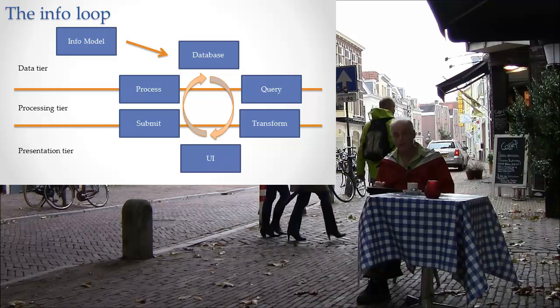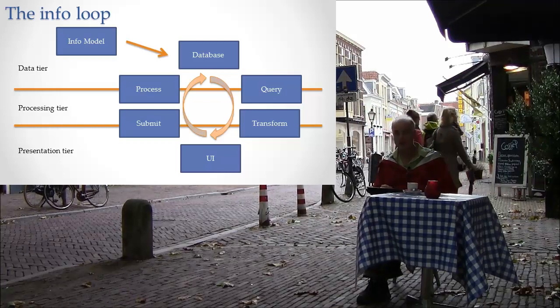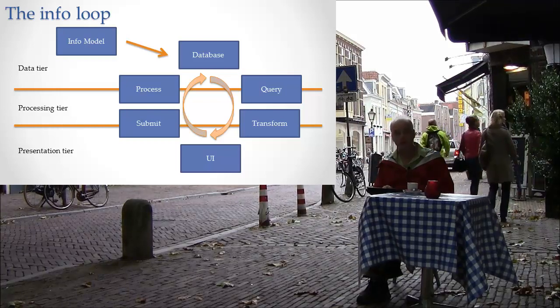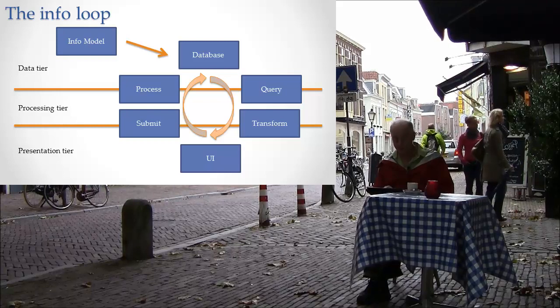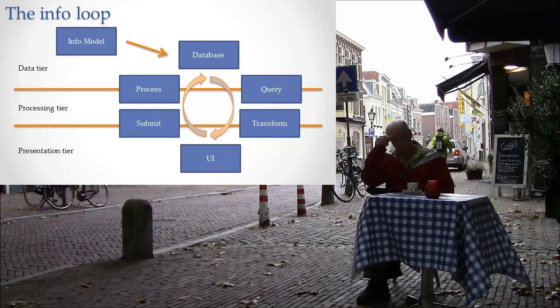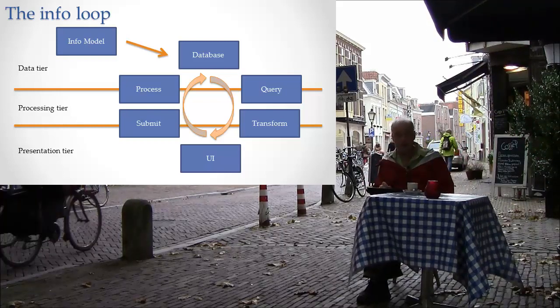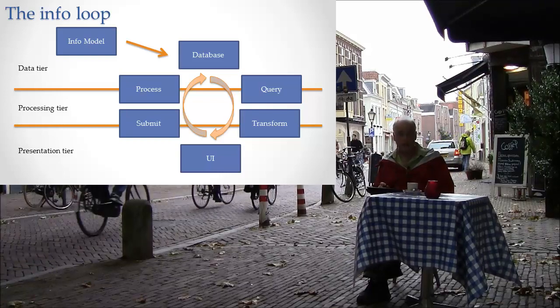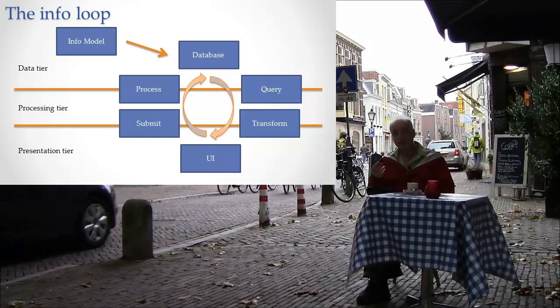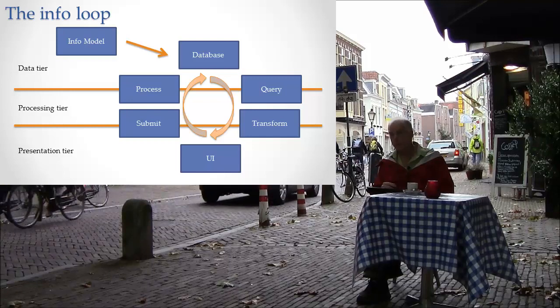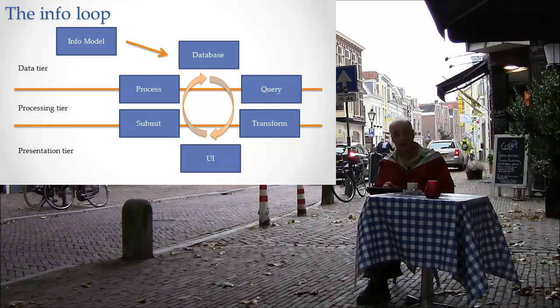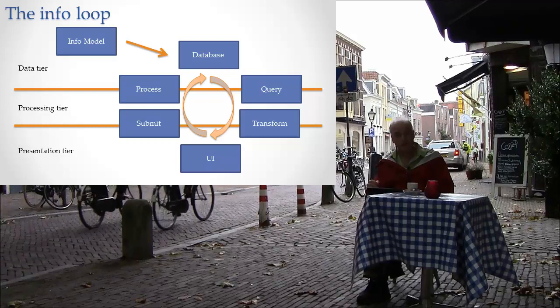Okay, so we're in the user interface. Some information has been delivered by the database to the user interface through the system, and I'll talk about the different tiers in a moment, and now the user has consumed it. Let's say now the user wants the next piece of information, or wants to add information to the database. The user takes some action in the user interface. They fill in a form, let's say, and by filling in the form, they're providing new information to the system.